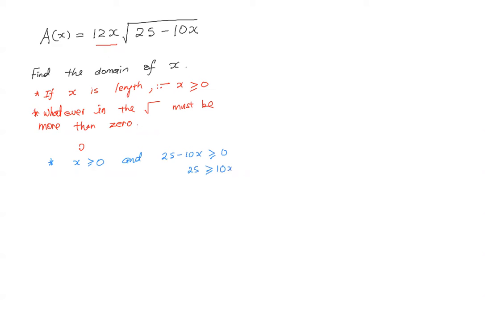Therefore, my x must be smaller than or equal to 2.5. So therefore, the domain is x, a member of real numbers, where x is greater than or equal to 0 but less than or equal to 2.5.